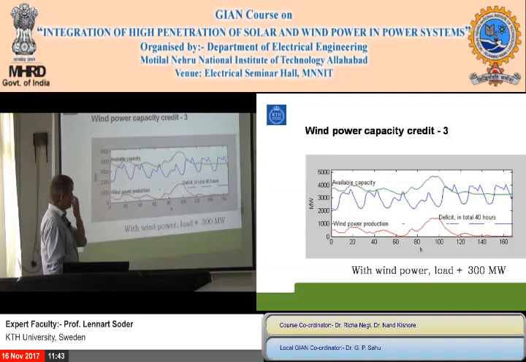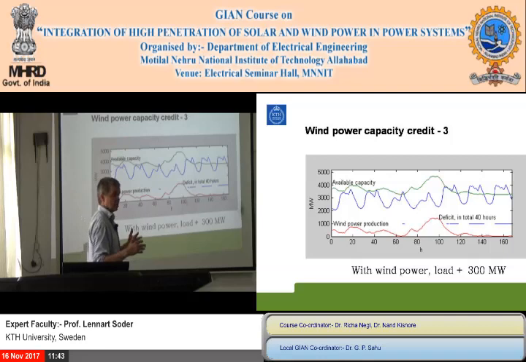On the other hand, I have not, of course, made the studies, but I'm saying in India, the capacity credit of solar power is probably rather high, because when you have the solar power, at least in the beginning, the problem is that you will not, because the peak will be when it's not sunny anymore.